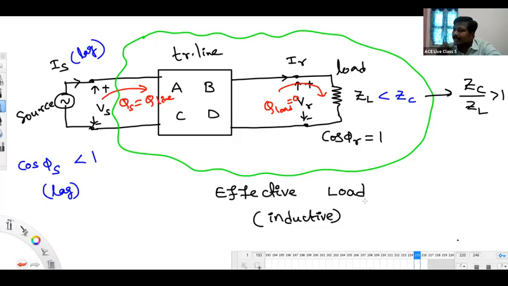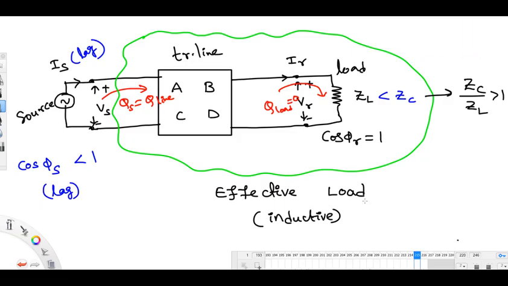then you will find that the sending end and receiving end voltages are exactly equal. It is a sinusoidal waveform, and the wave is continuous.